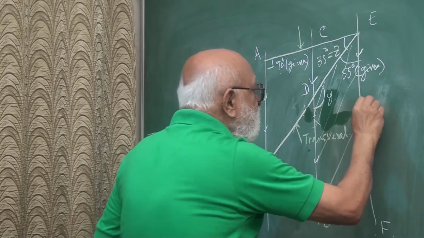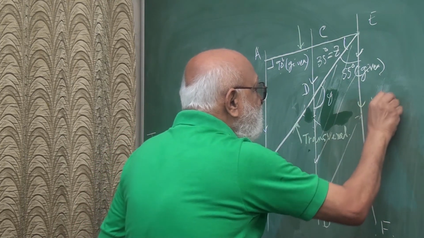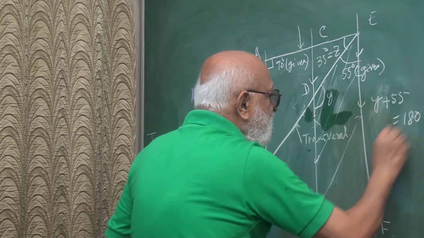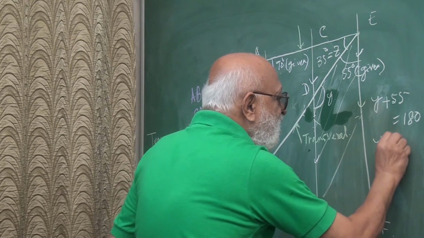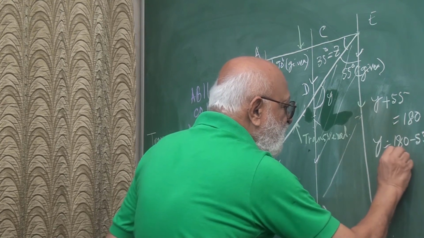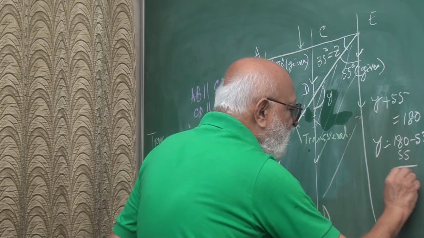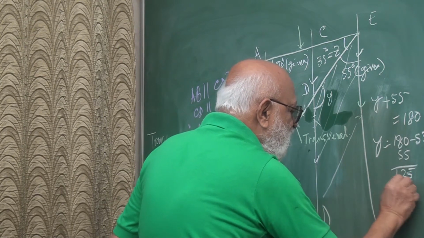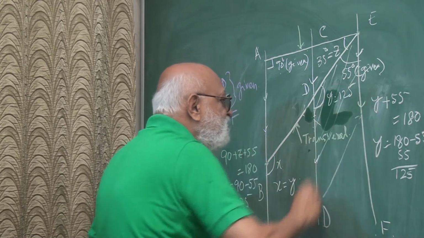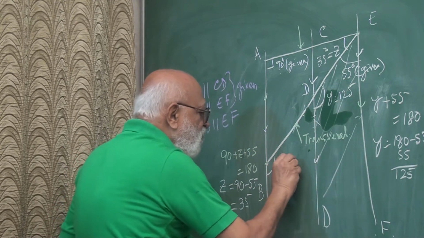Then I can write Y plus 55 is equal to 180. Therefore Y will be equal to 180 minus 55, that will be equal to 125. So Y equals 125. Therefore X is also 125.